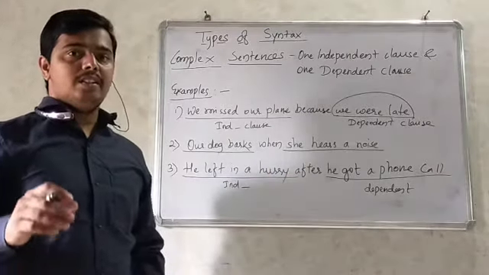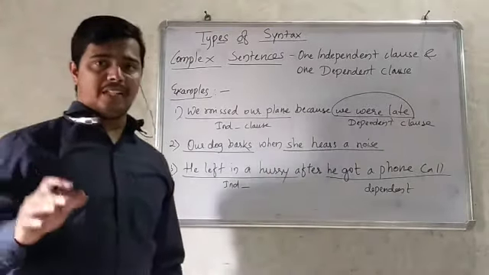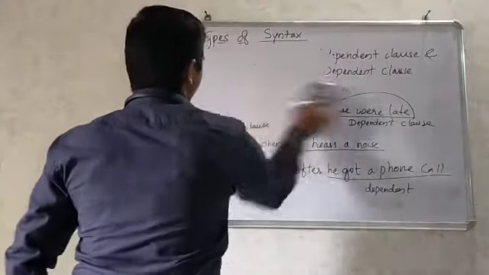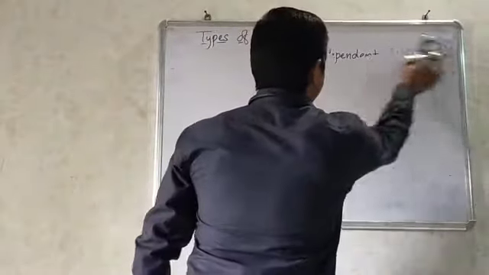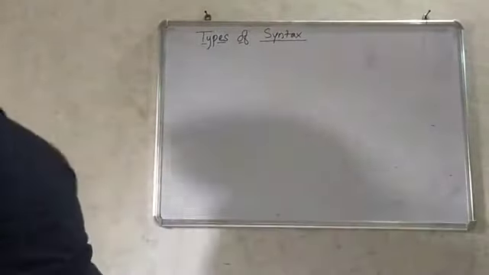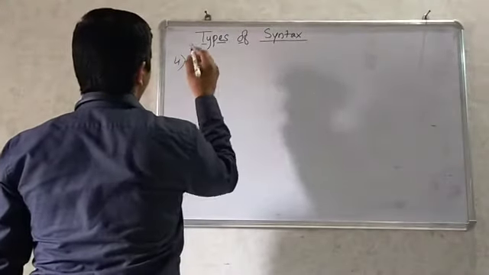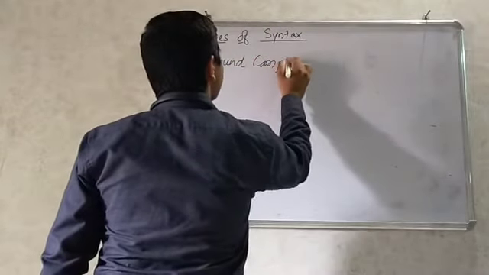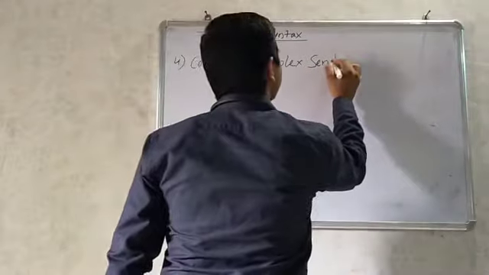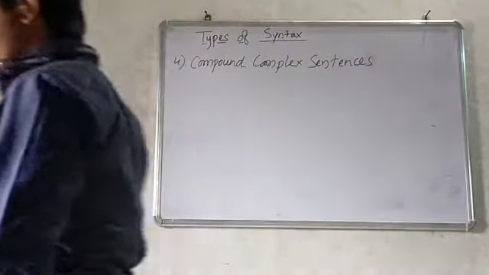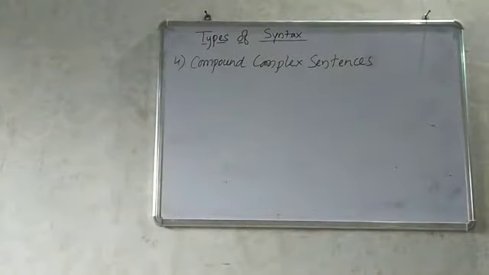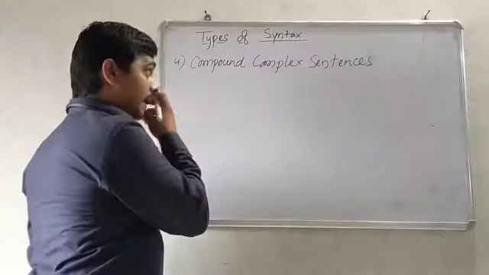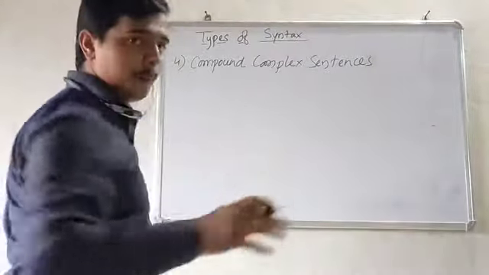Now let us see the last one, that is compound complex sentences, the fourth one. Let us see the definition of this compound complex sentence.